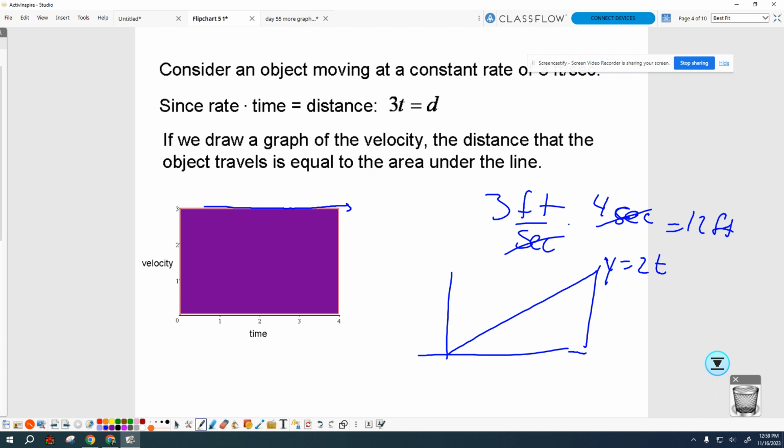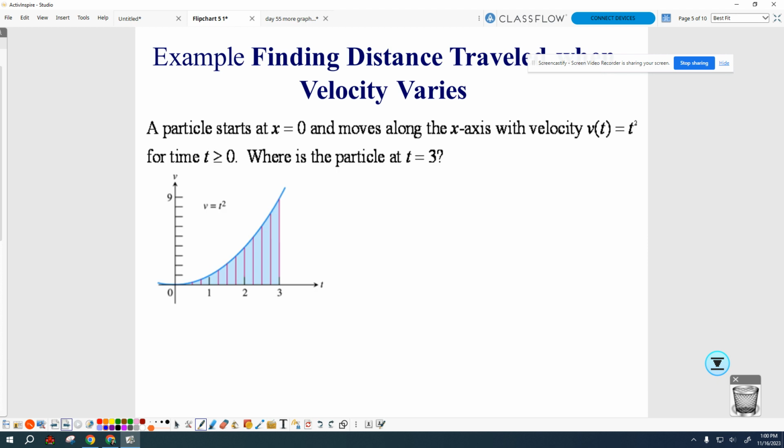The distance that I traveled in whatever 2 seconds would be the area of this triangle. Just is. So I don't have a good reason why integration is finding the area under the curve. It works with this velocity thing, and if we took slices and did lots of little rectangles, we could add them all together and get effectively this. Yeah, okay. Quinn's looking at me like, yeah, okay.